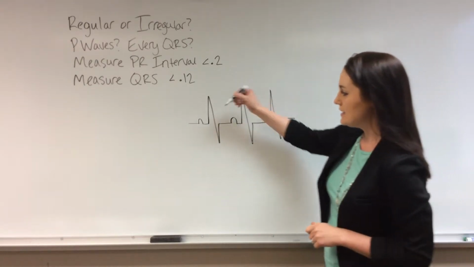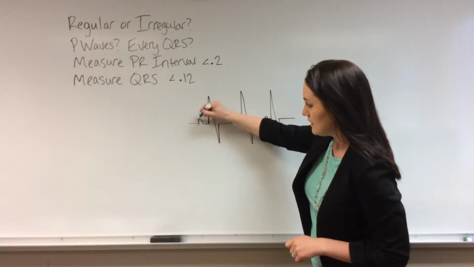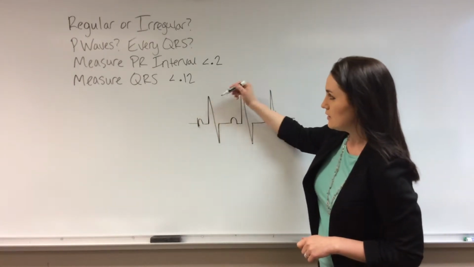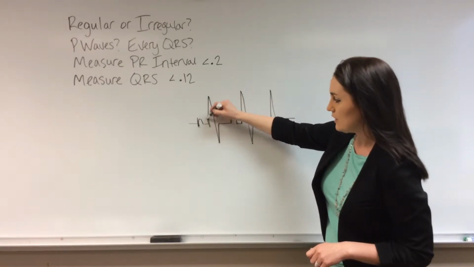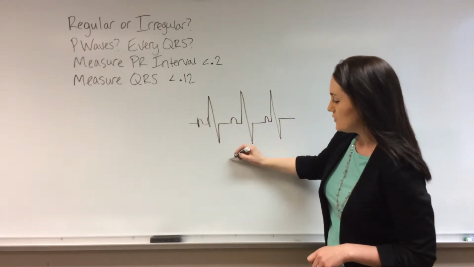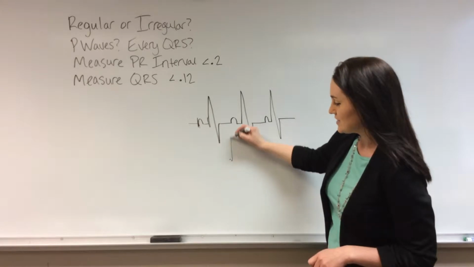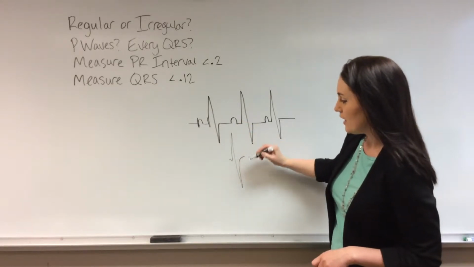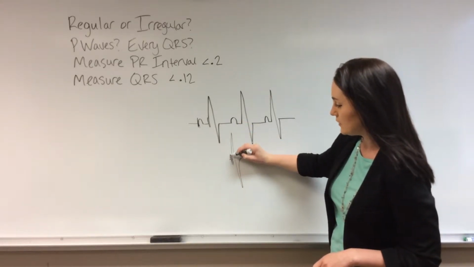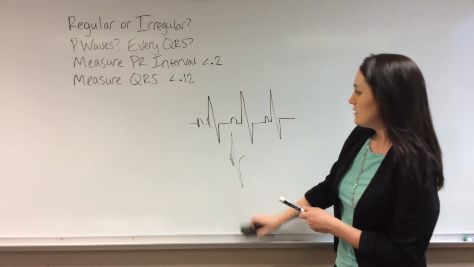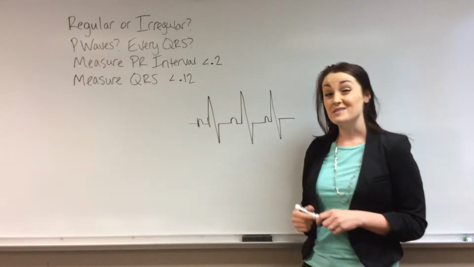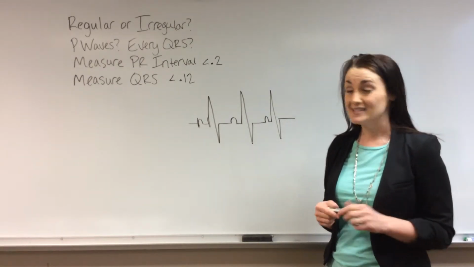So that is from the beginning of the P wave to right before the QRS here. The Q is actually a slight downward deflection before your R wave. So you're going to about here of the QRS. That PR interval we want to be less than 0.2 seconds.